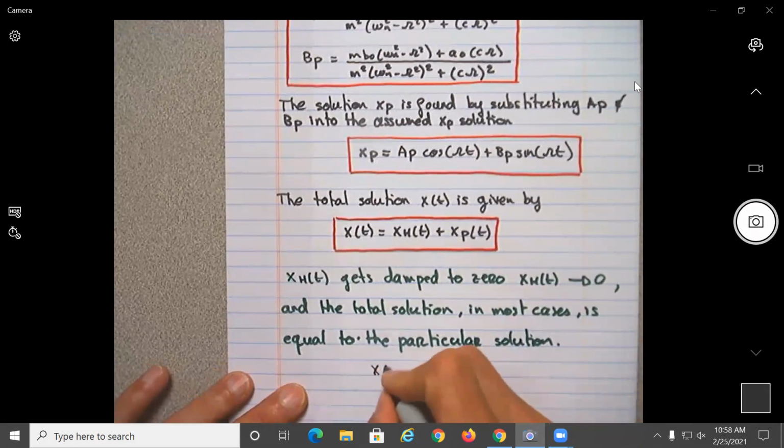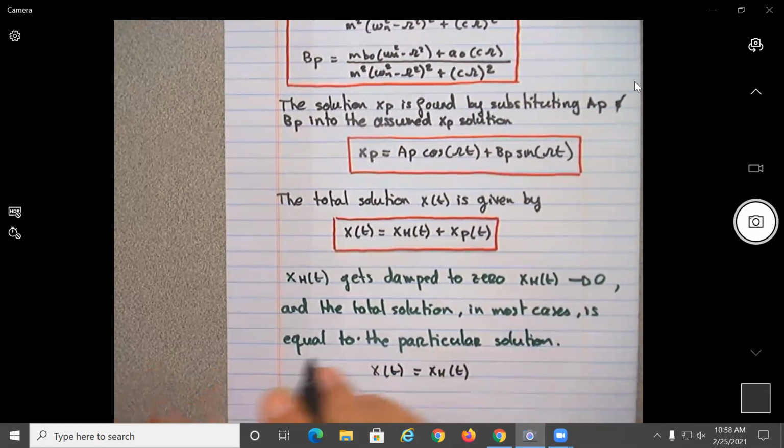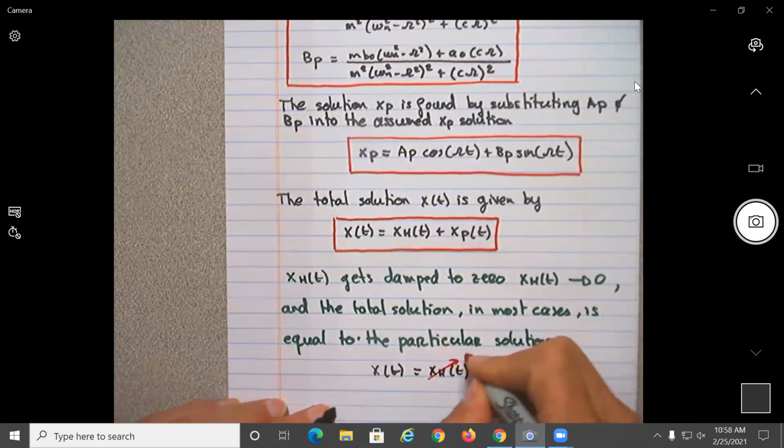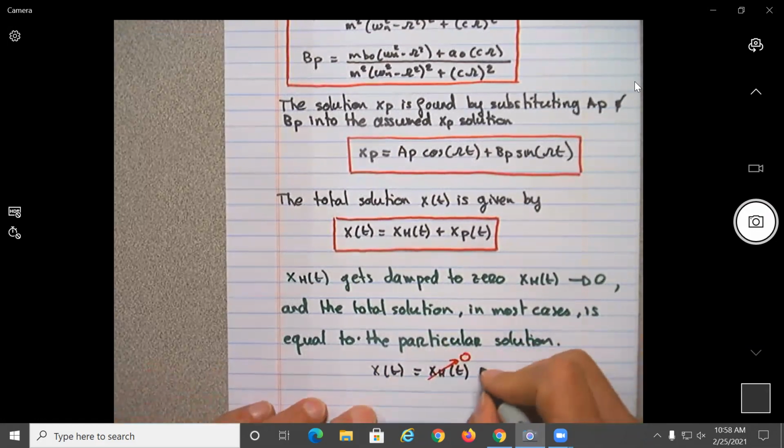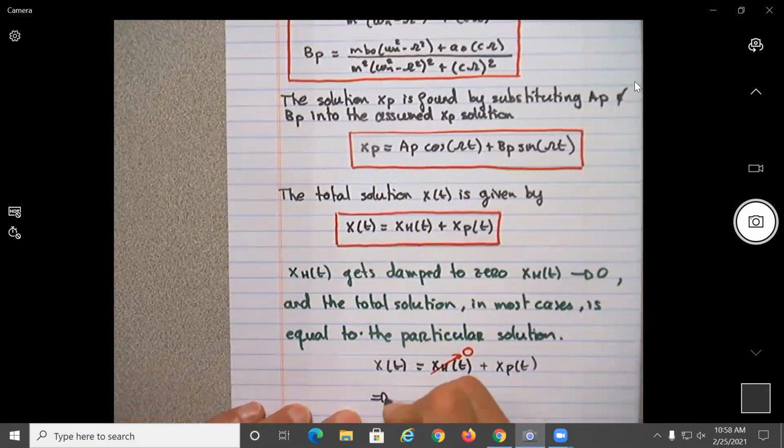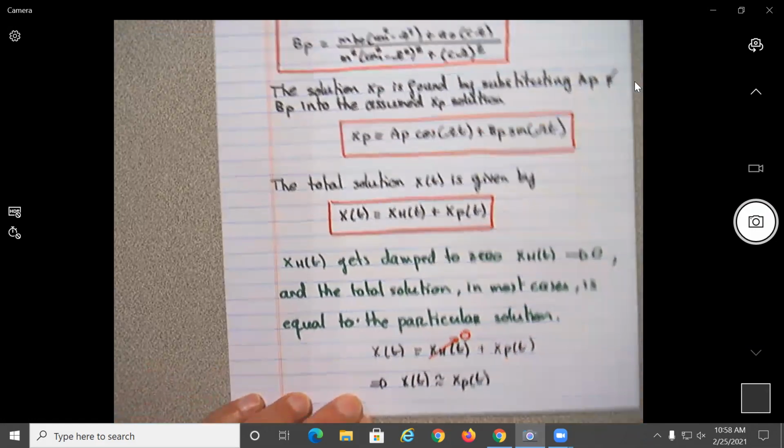So x of t, let's say, will be x of h of t, this one will be going to 0, plus x of p of t. So at the end, we can say that x of t is approximately equal to x of p of t.